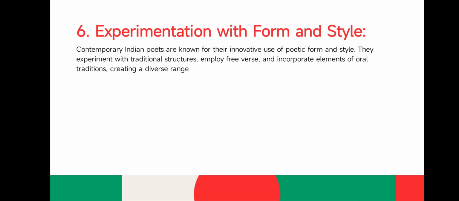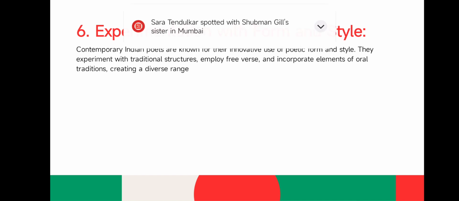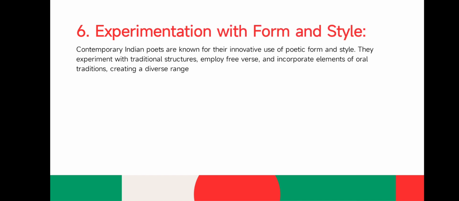See, for example, traditionally speaking, while writing poetry or a novel for that matter, there was a predefined structure that poetry should be written like this only, or a novel should be written like this only. But with the advent of modernism, with the advent of new thoughts, people started questioning that. These writers started questioning that.